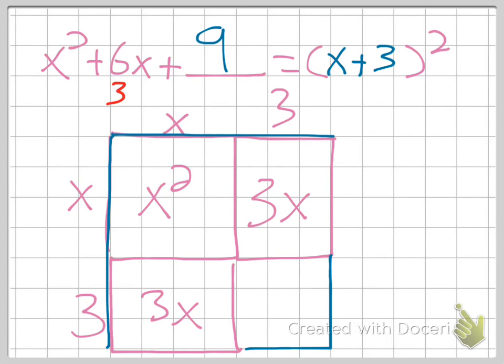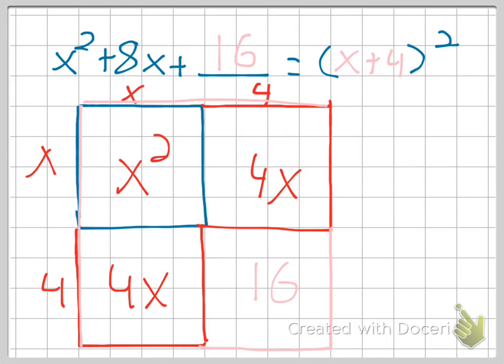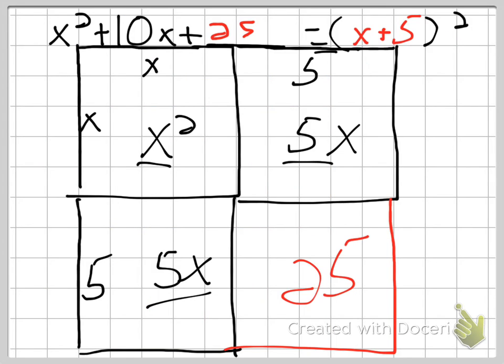Half of 6 is 3. 3 squared is 9, and then the 3 and the 3 match. Half of 8 is 4. I'm going to put it on top. 4 squared is 16, and then the 4 and the 4 match. So it's a consistent pattern. It always works that way. Again, half of the 10 is 5. 5 squared is 25, and then this 5 and this 5 match.